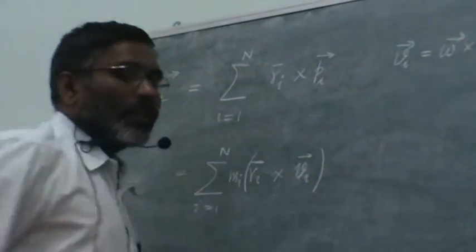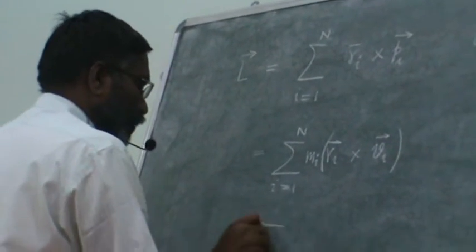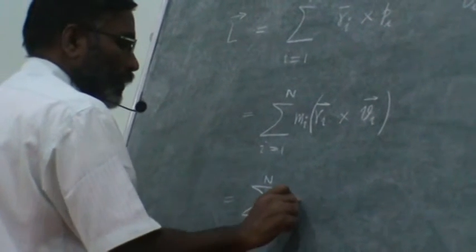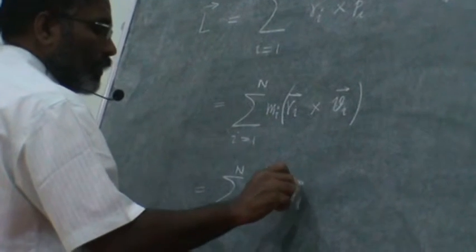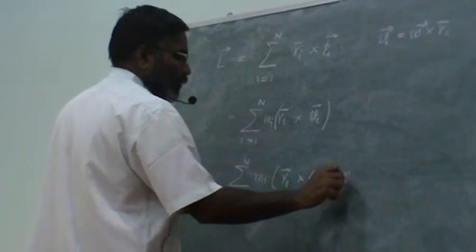If all this system of particles is rotating about an angular velocity, then you have this to be the sum over i equal to 1 to n of mi Ri cross omega cross Ri.